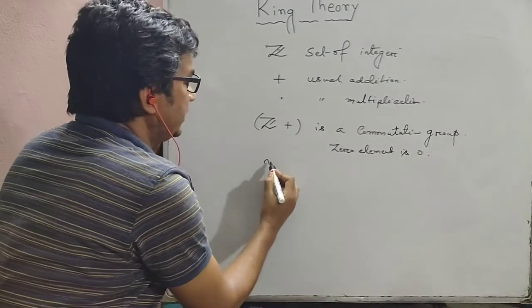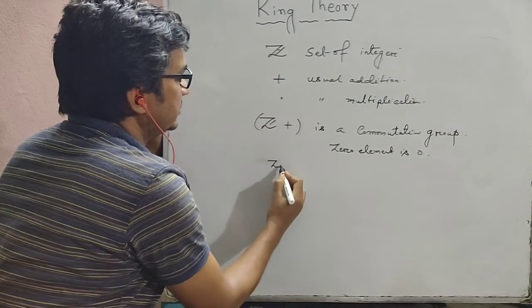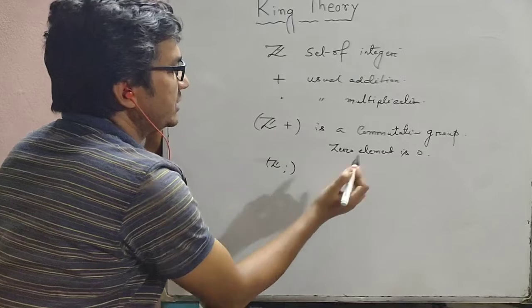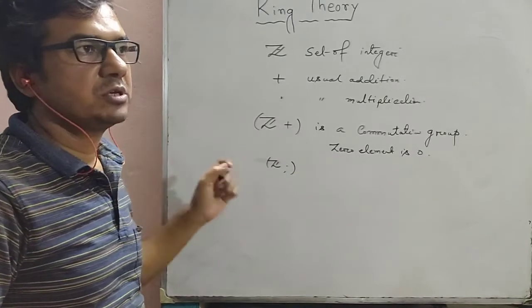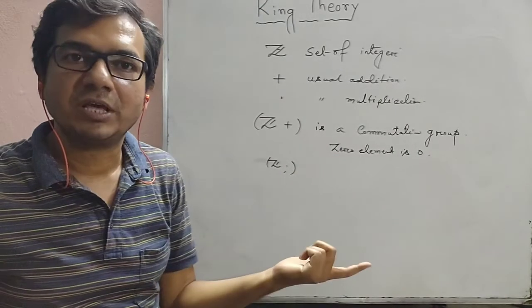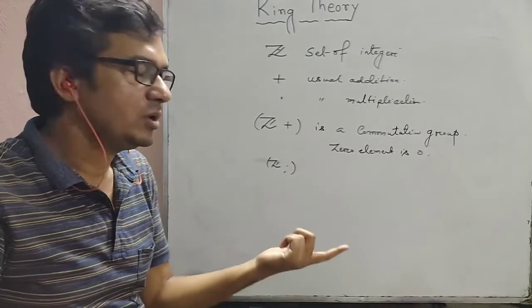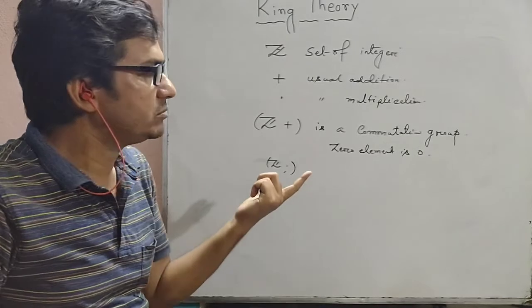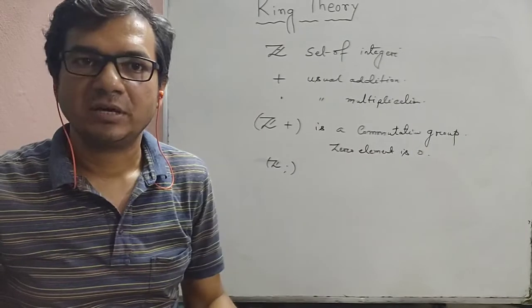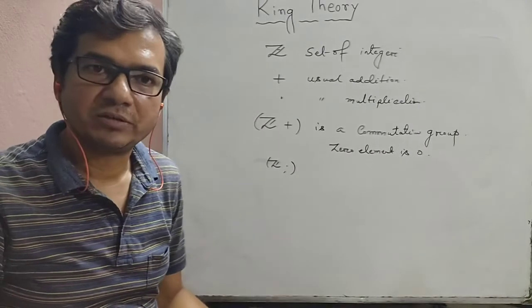And Z dot is a semigroup because the multiplication of two integers is also an integer, and multiplication of integers holds the associative property.